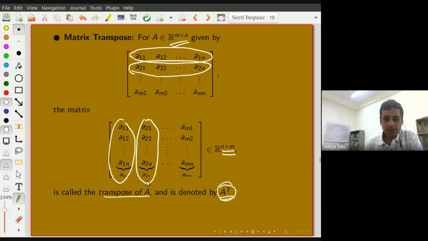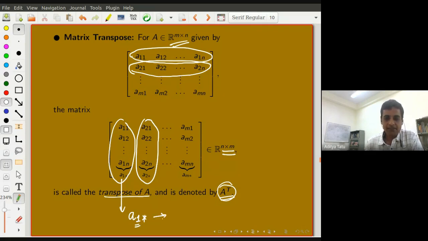Also be careful with my notations here. As you can see, this is nothing but the first row of the original matrix A written as a column matrix. The notation is A1 star, simply because the first index remains fixed.